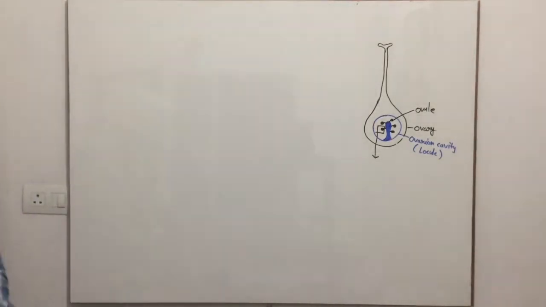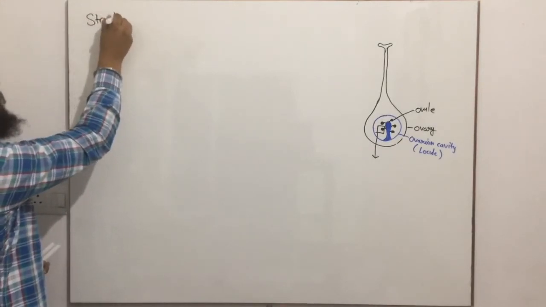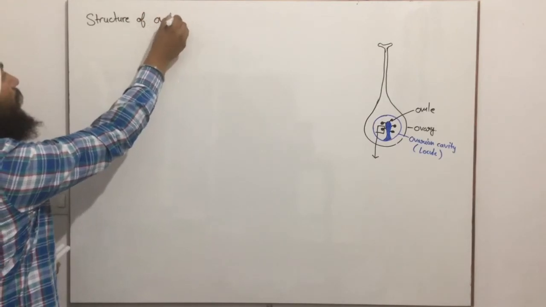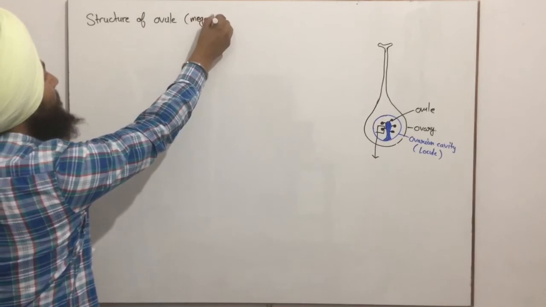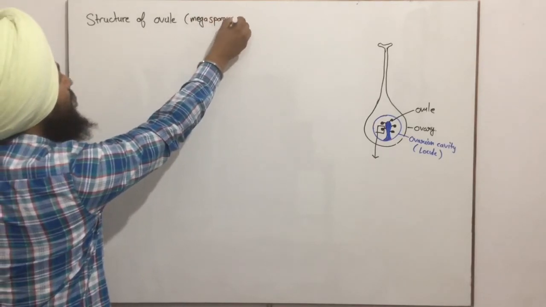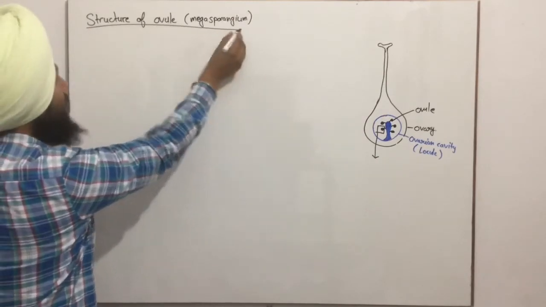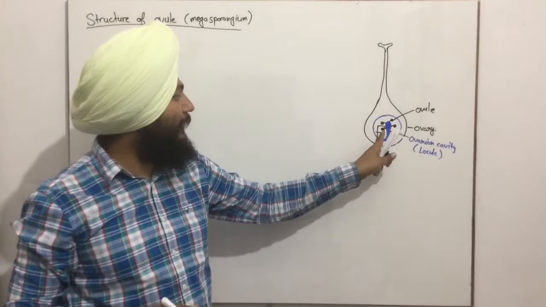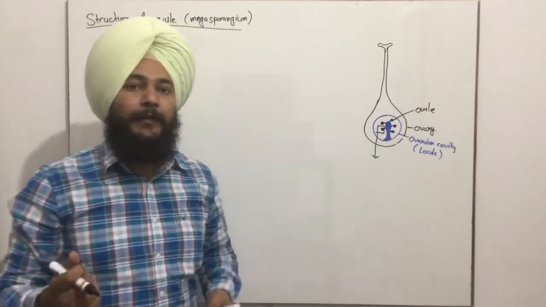The next topic is the structure of the ovule or megasporangium. Here we have said that the ovules are attached on the placenta, or in other words they arise from the placenta.